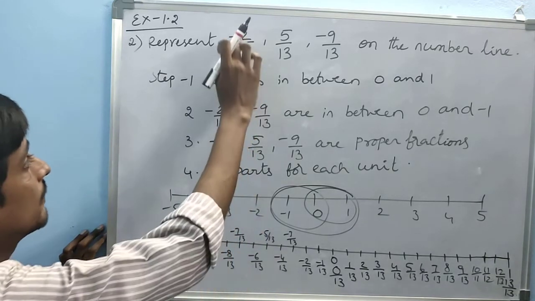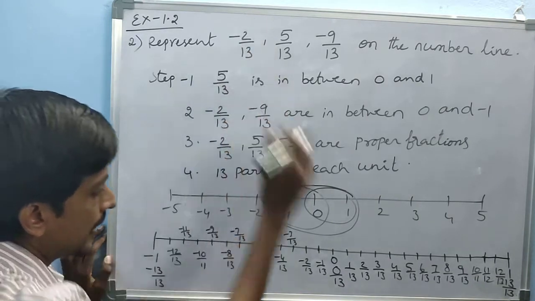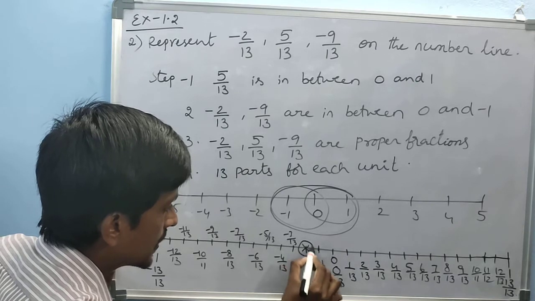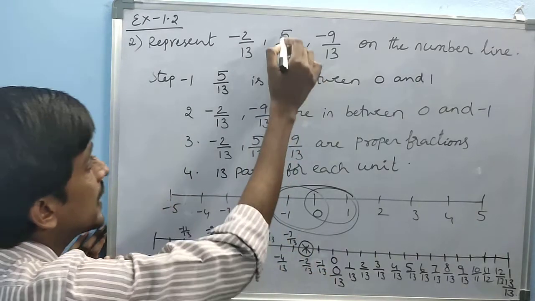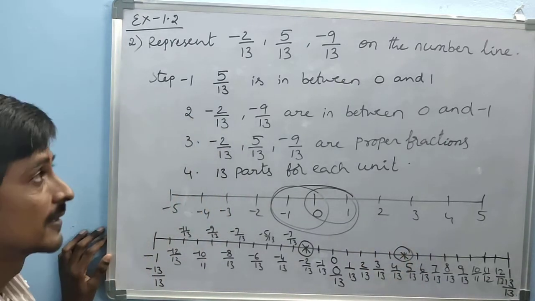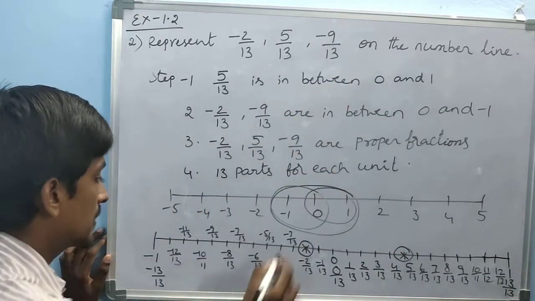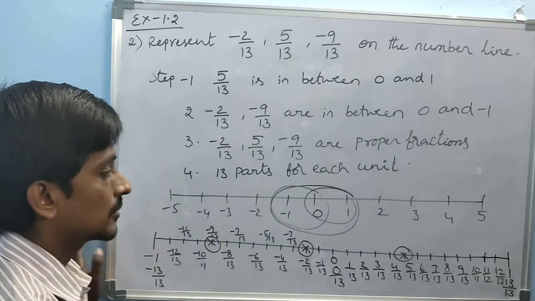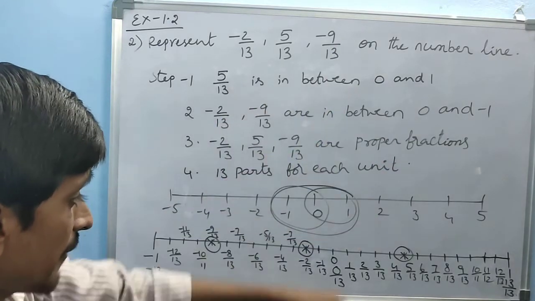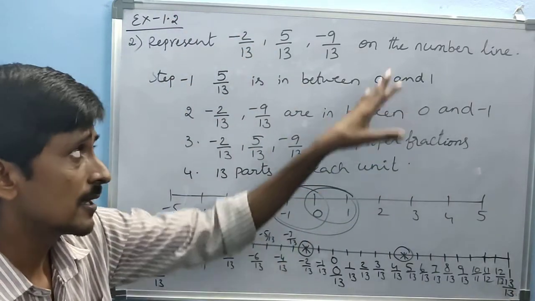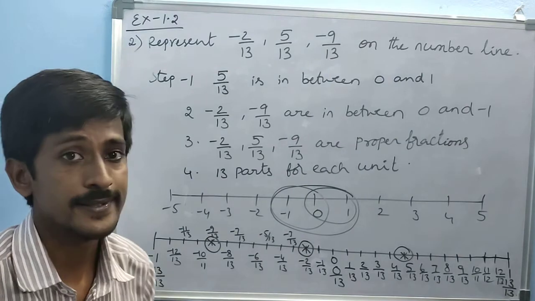So what you need: minus 2 by 13, this is minus 2 by 13. And 5 by 13, this is plus 5 by 13. And minus 9 by 13. So you find and represent the given rational numbers on the number line like this.